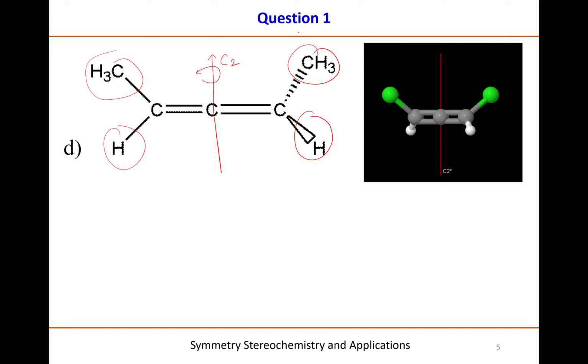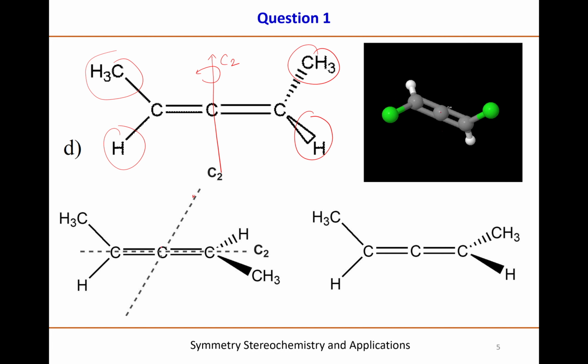You can see, if I am looking from the top face at this carbon here, and I pass the C2 axis here, after the rotation on this axis, this CH3 will take this position, this one. You can see here in this case.